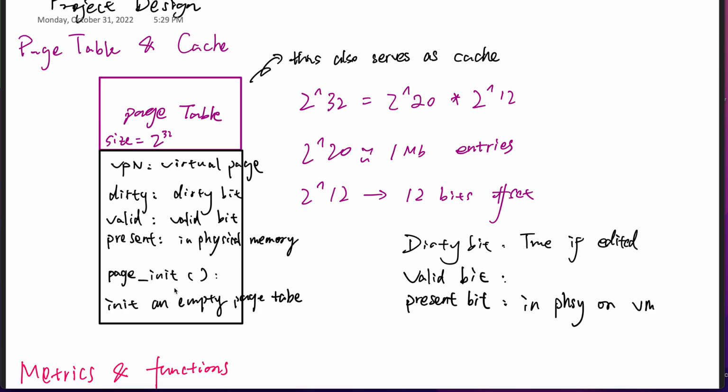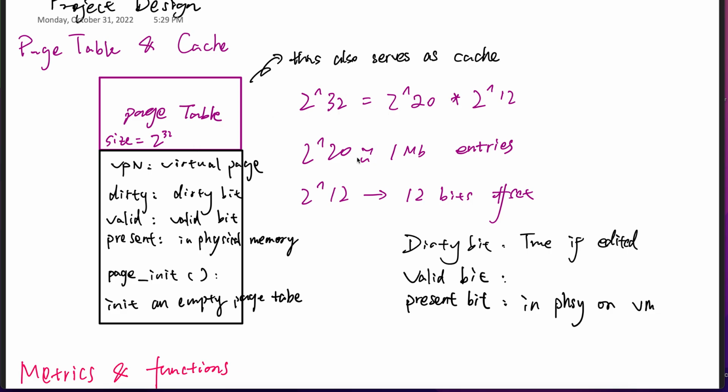Also, the second page table should serve as a cache. When the user asks for some size of memory, it should first get converted into a virtual page number, which is why we have that.